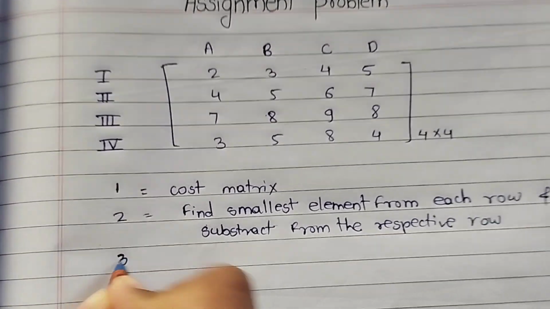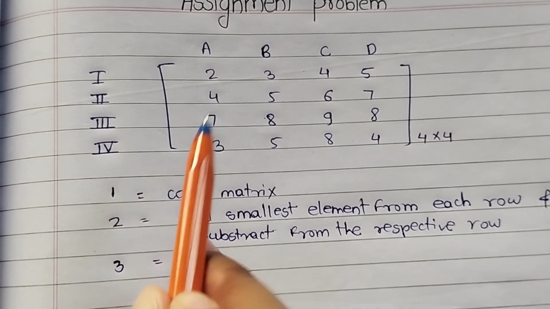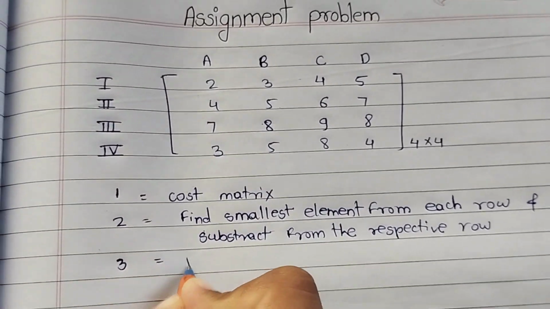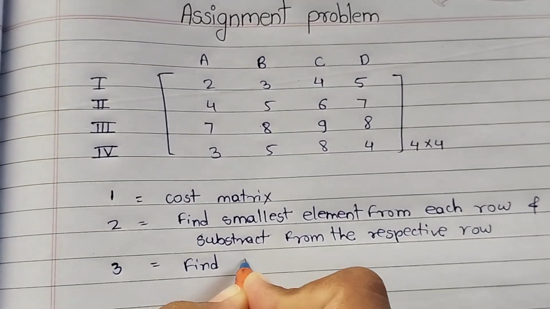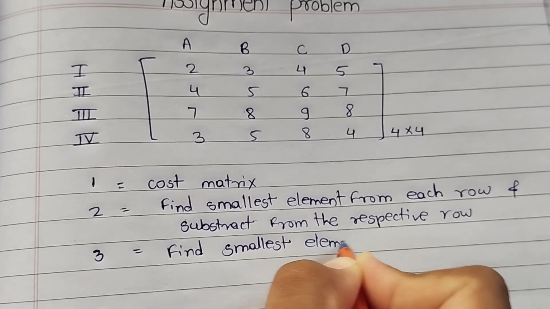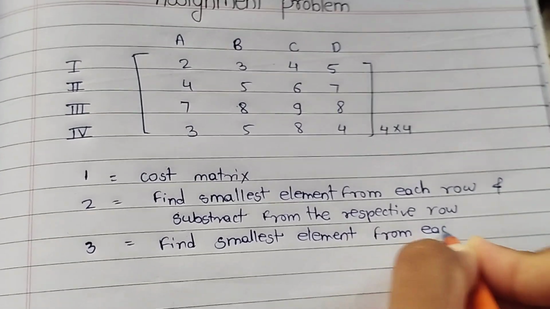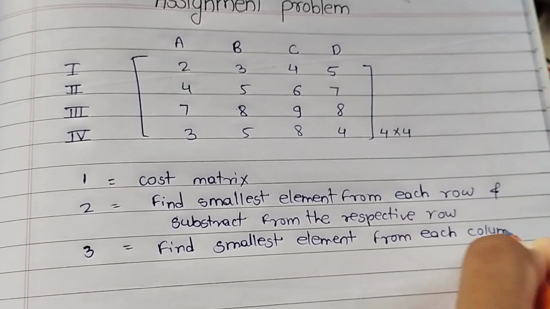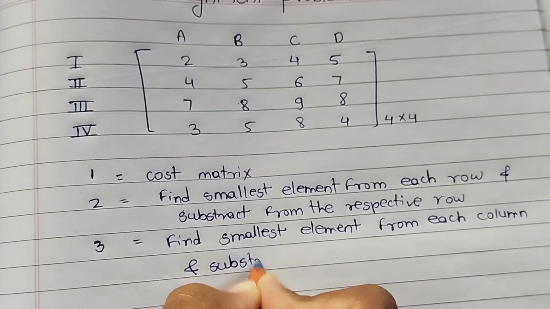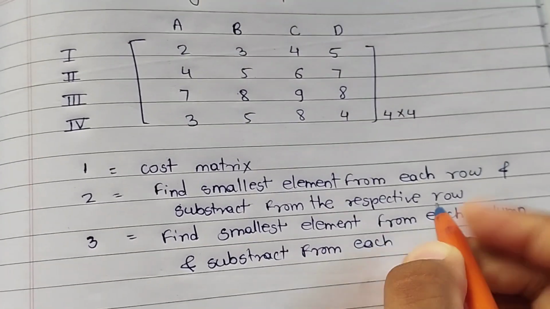The third step is to find the smallest element from each column and subtract it from the respective column.